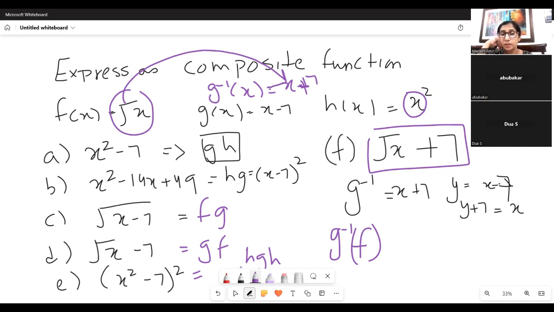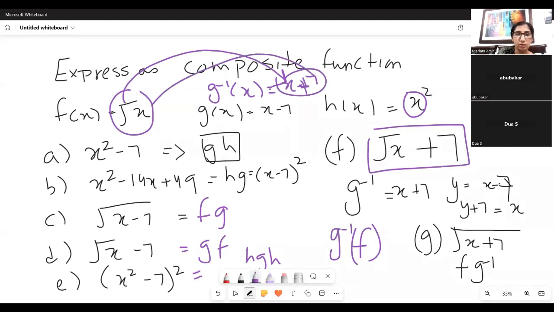So it's going to be G inverse f. ठीक है? इसी तरह if I write f के बाद point G, which is under root x plus 7. ये क्या हो जाएगा? FG inverse. Yes, this will be FG inverse. क्योंकि अब ये इधर जा रहा है इसके अंदर.